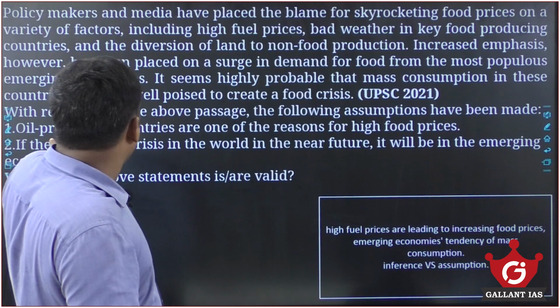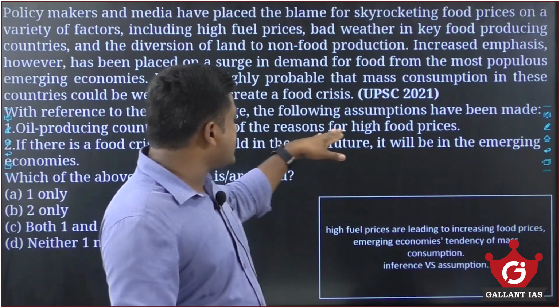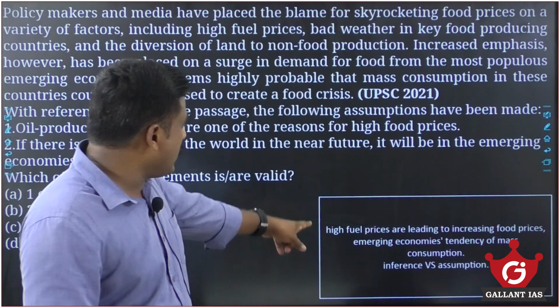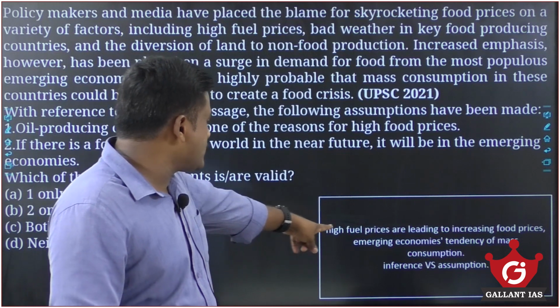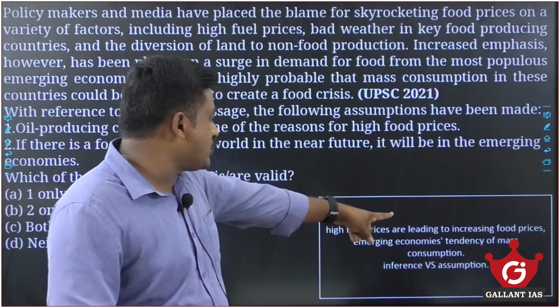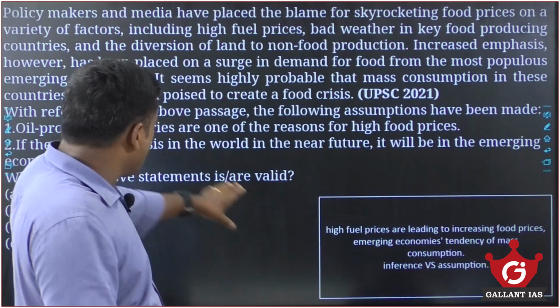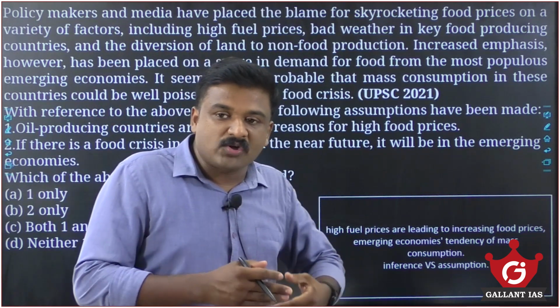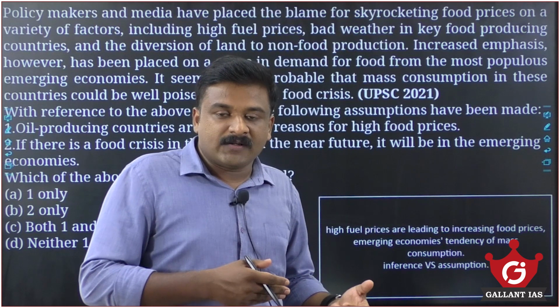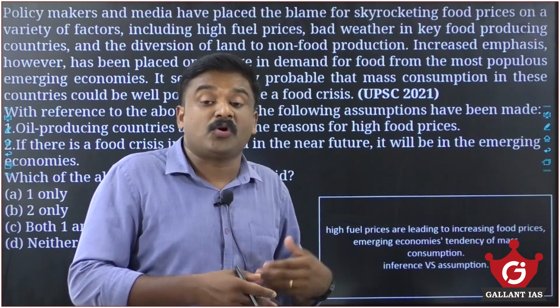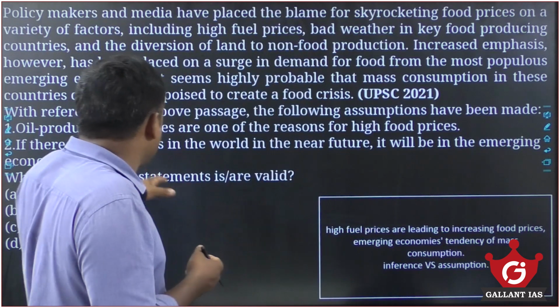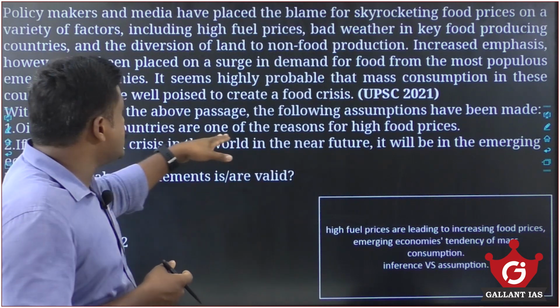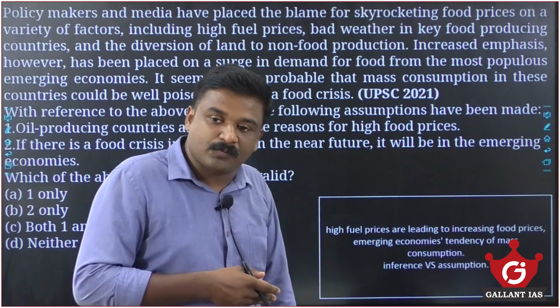So they say oil producing countries are one of the reasons for high food prices, but what they said is that high fuel prices are leading to increasing food prices. Now what they said is talking about consumption, the massive consumption of such countries.